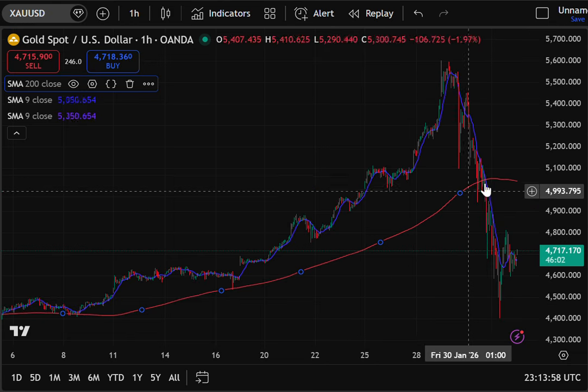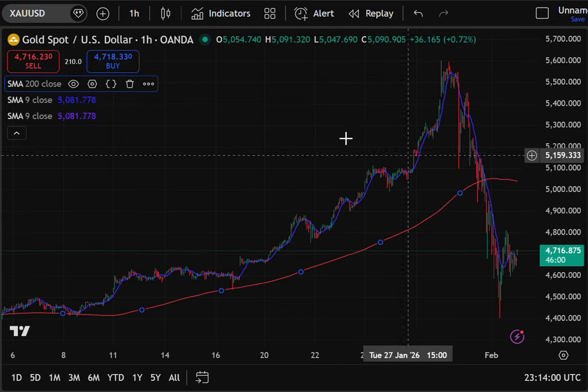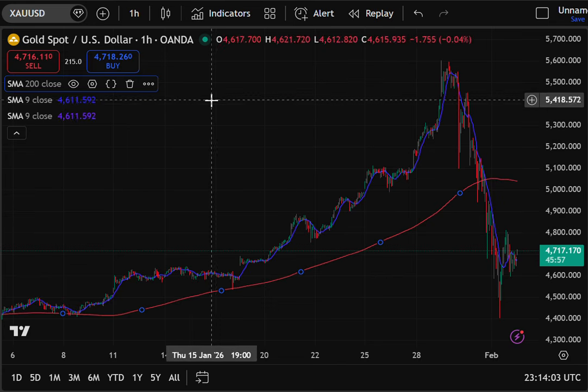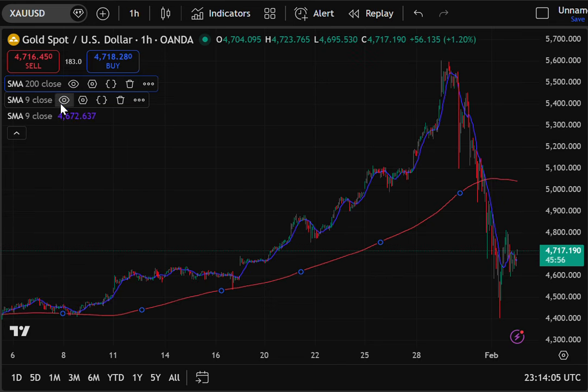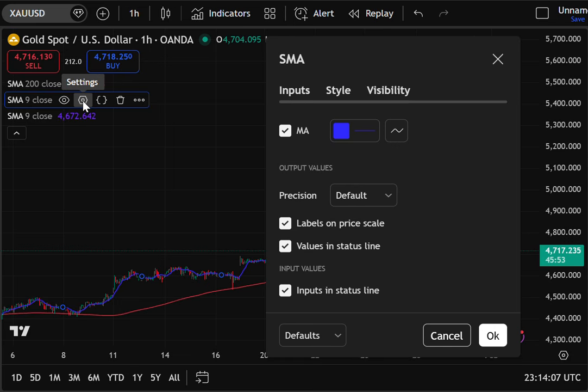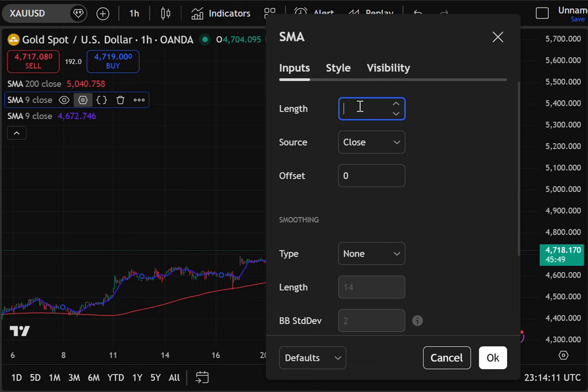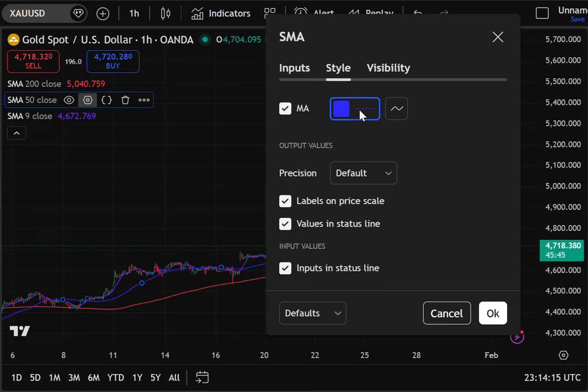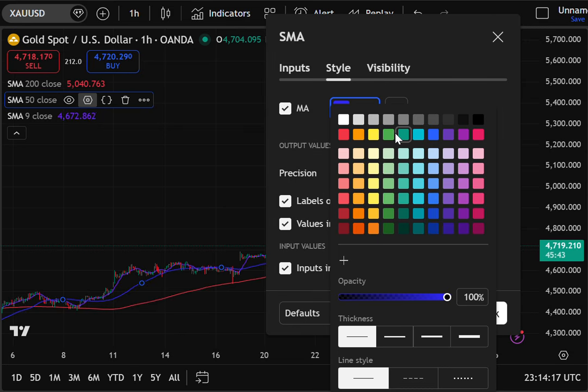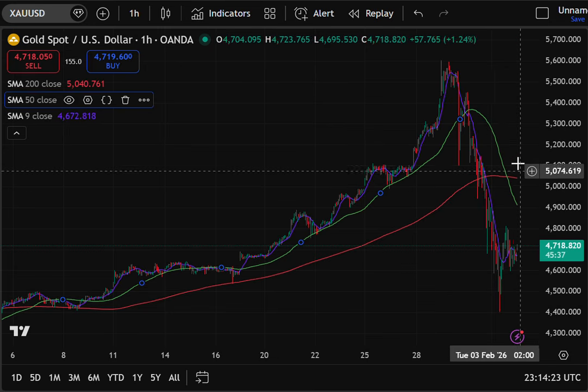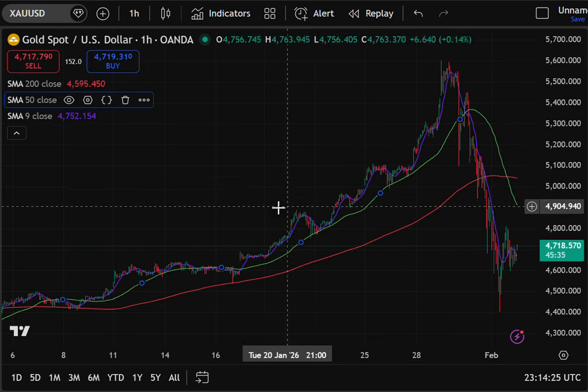And you notice that there is a line right now for the 200-hour moving average line. Now we need to do the same thing for this, and we configure it to 50 time period. And let's change the color to green. And there you go. Now you have 50 and you have 200.